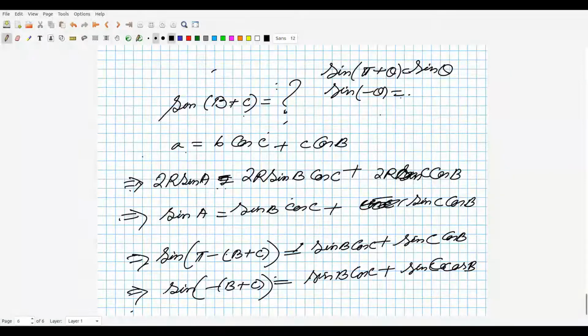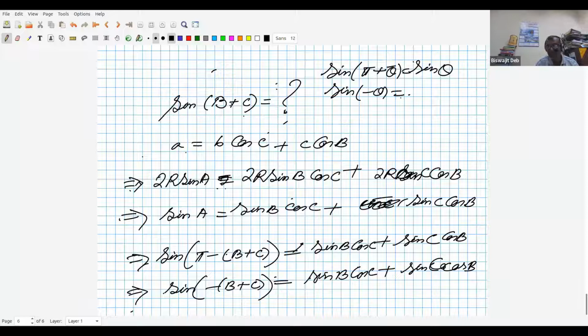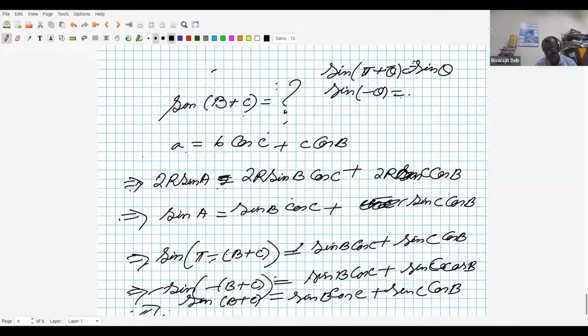I think, oh, this is not sine theta. Sine of pi plus theta we have written as minus sine theta. Sorry, so this is minus sine theta. Then this will finally give you sine of B plus C, which is equal to sine B cos C plus sine C cos B. You might have seen this formula if you are already familiar with trigonometry.